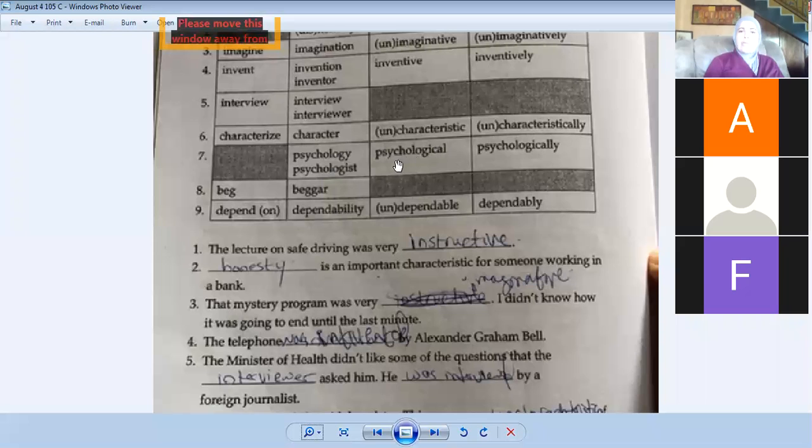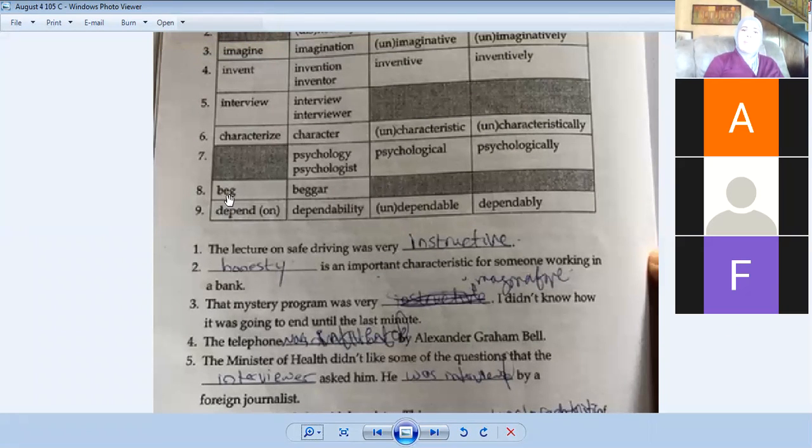As an adjective, we say psychological. Sometimes I might say he has a psychological sickness. He has a psychological problem, okay? Psychologically, the way something is done, all right? For example, he treated him how? Psychologically, he treated. See, we describe the verb as psychologically, the way it is done or performed, the treatment.